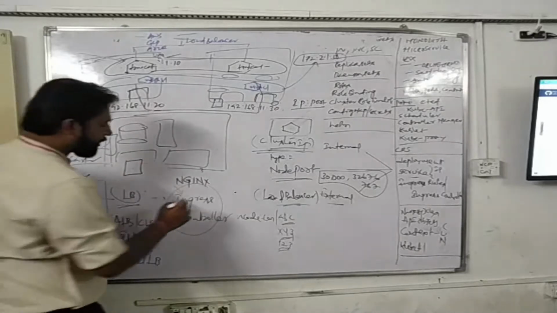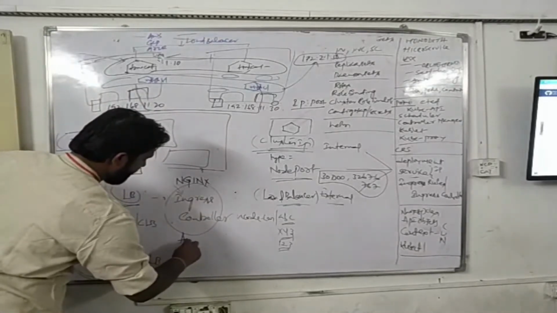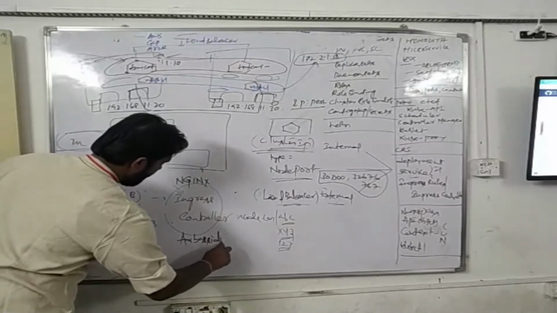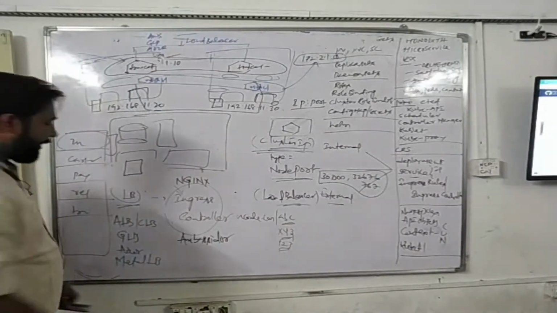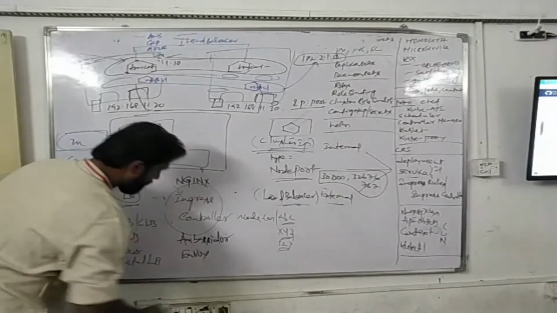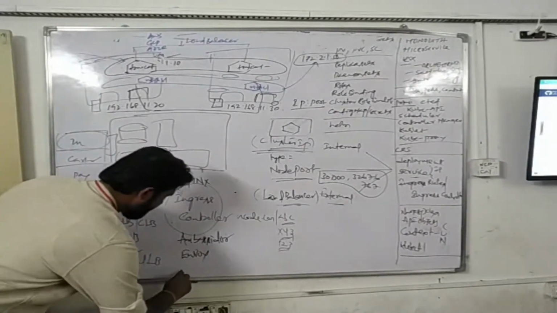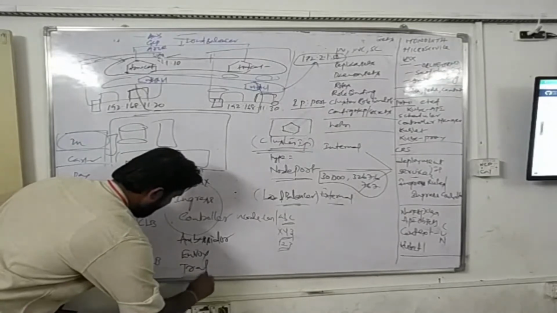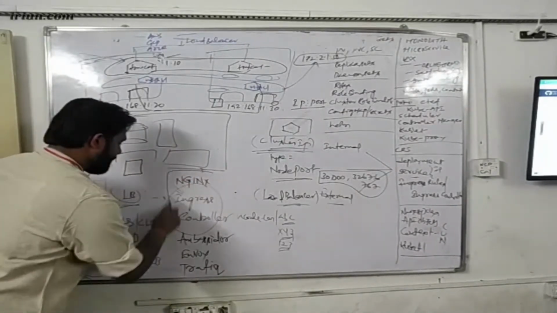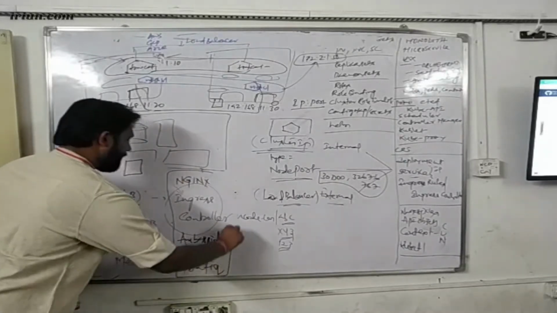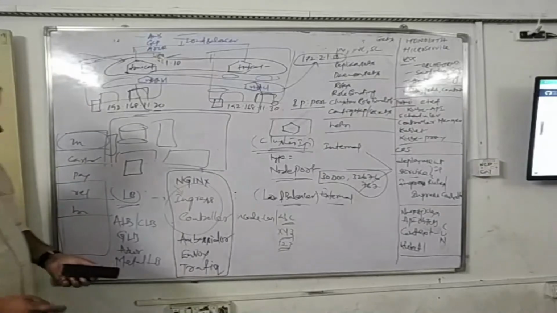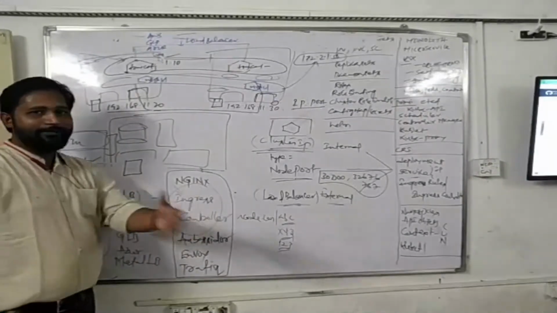There are other popular Ingress controllers: Ambassador, which is another product, Envoy, Traffic. We can set up any one of them depending on how we want it. They're just names. So the Ingress controller itself is a product.